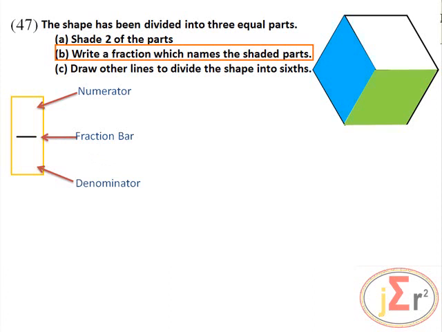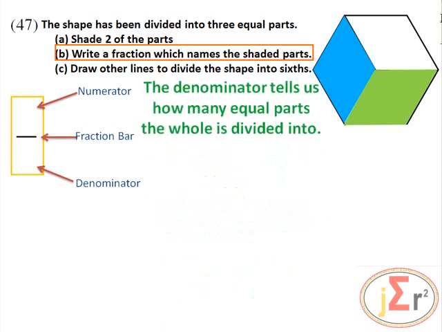Right, so we have shaded 2 portions, and we were told that it is divided into 3 equal parts, not just 3 parts, but 3 equal parts.